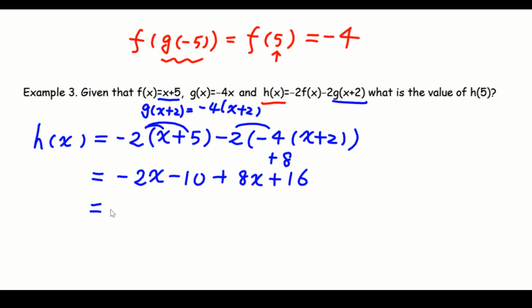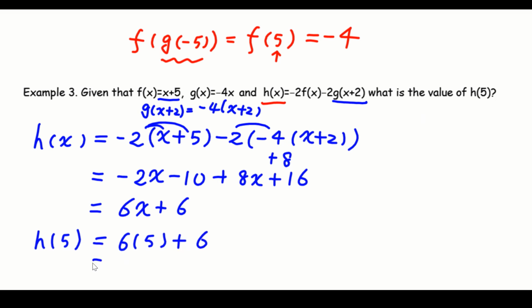Then collect the like terms. -2x plus 8x is 6x. -10 plus 16 gives you 6. So we know h at x equals 6x plus 6. Then h at 5 is not that hard. It's just 6 times 5 plus 6. Then we have 30 plus 6 is 36. So this is one way to do it.